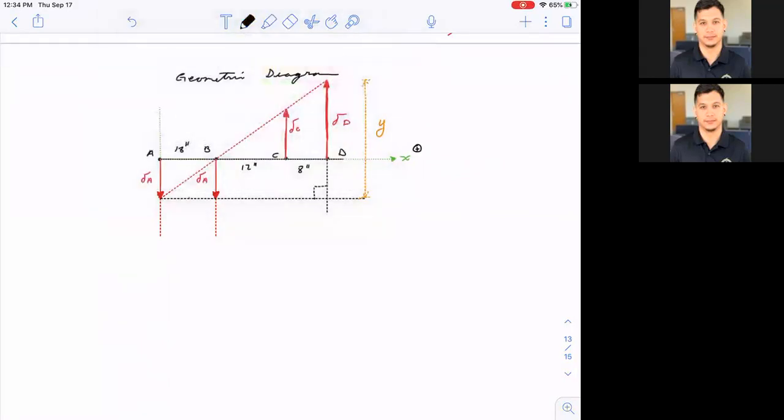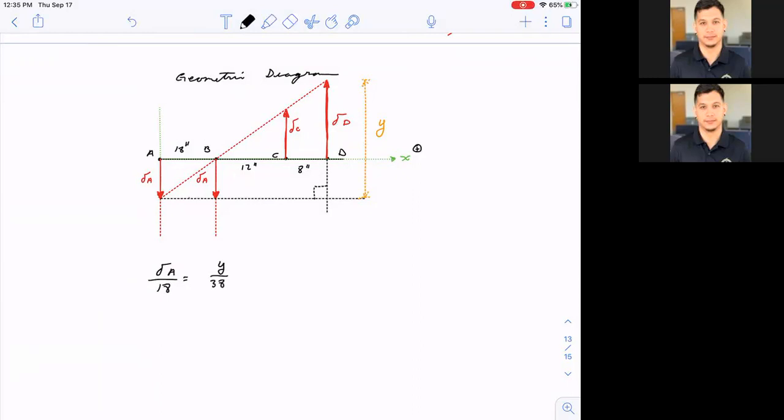Well, there's a proportion of dA over 18 is proportional to Y over, let's see, 18 plus 12 plus 8, that's 38.